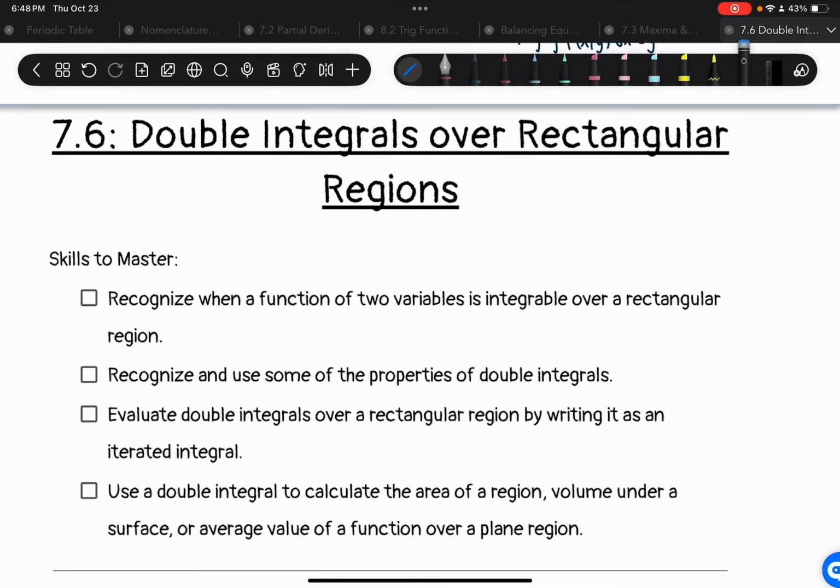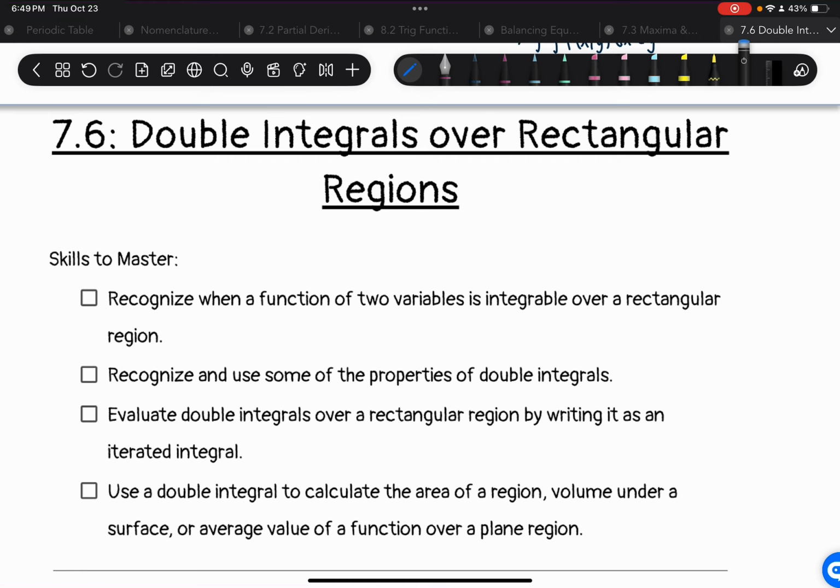Okay. Hi, I'm going to be making this review video on 7.6 double integrals over rectangular regions. So we have 4 objectives to master, which is recognizing when a function of 2 variables is integrable over a rectangular region, recognize and use the properties of double integrals, and evaluate double integrals over a rectangular region, and using double integrals to calculate the area of a region, volume under a surface, or the average value.